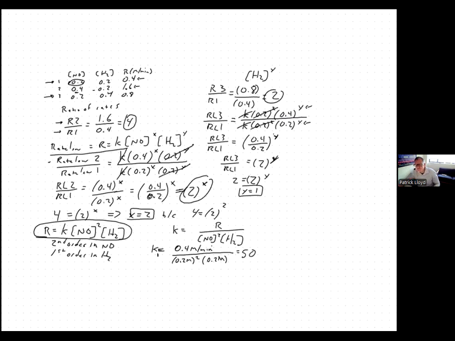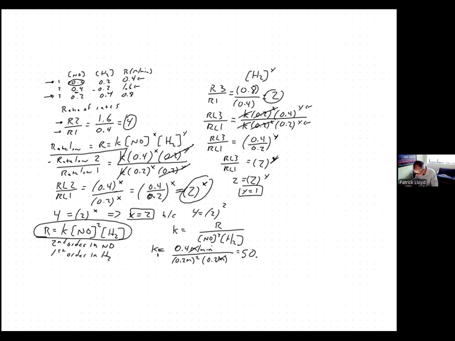Okay? Now, in terms of the units, the rate constant units depend on what those orders are. So if I had a 1 and a 1, I would get different units than if it was a 1 and 2, meaning the exponents. If you change the exponents, it changes the units. So the molar in the top would cancel with that molar right there.